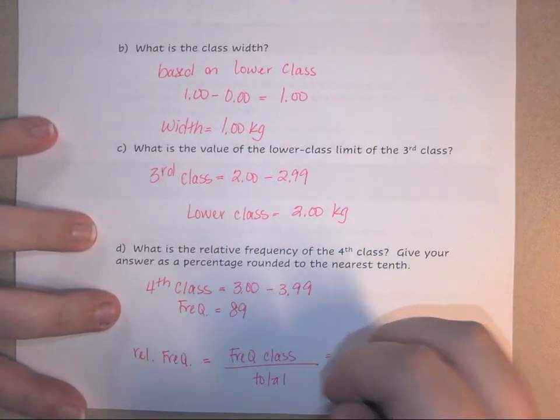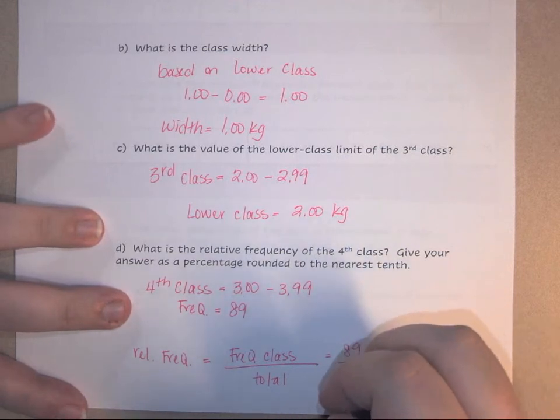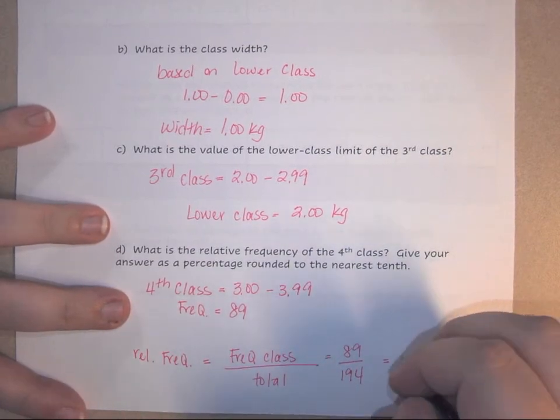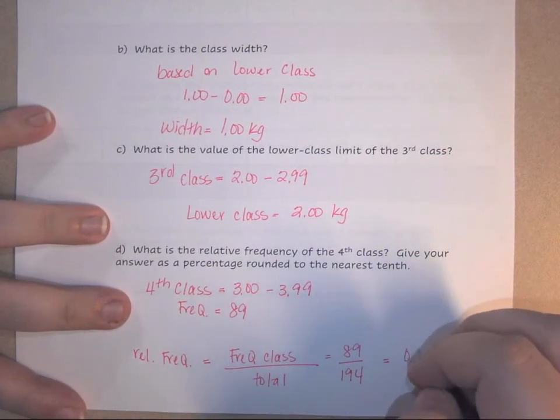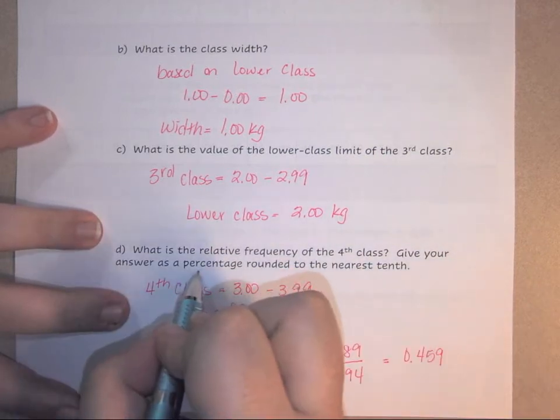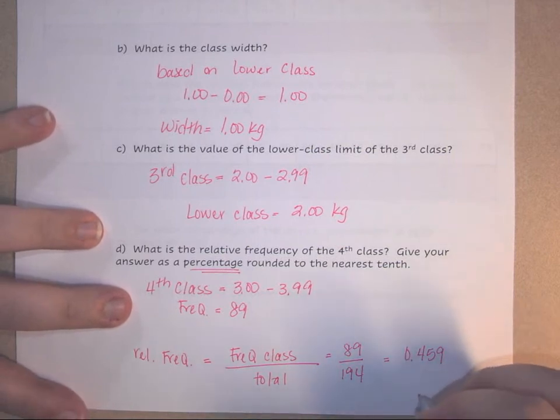So in this case, the frequency of my class is 89. My total was given as 194. So in this case, we are going to end up with 0.459. Since I want a percentage, we would simply multiply by 100, so this is going to be 45.9%.